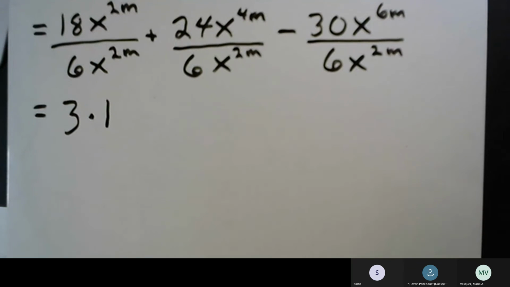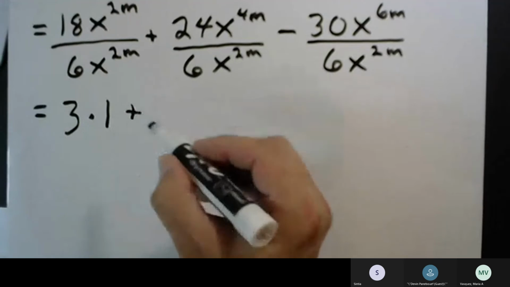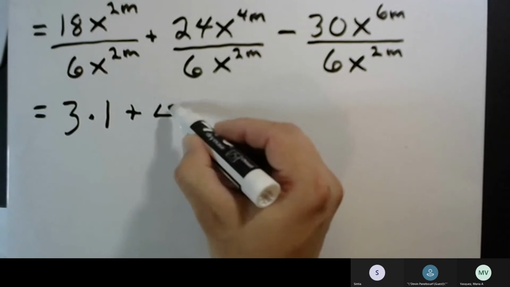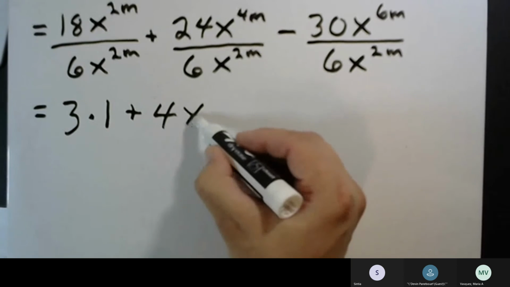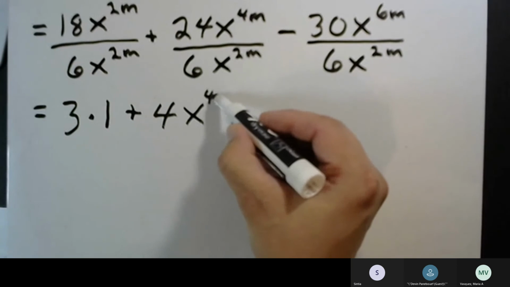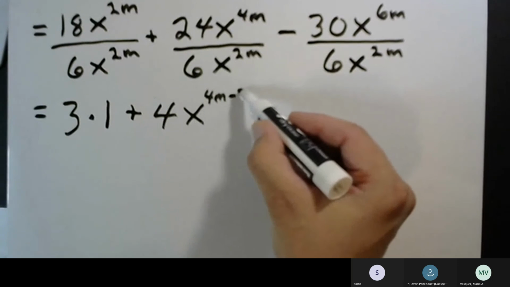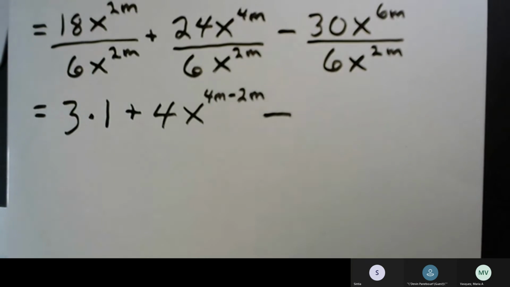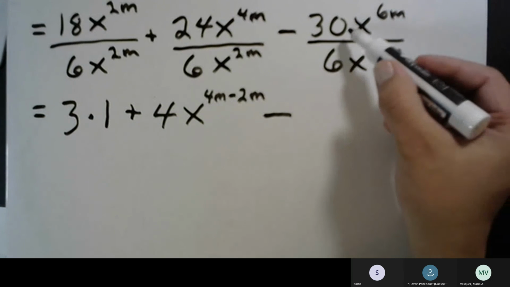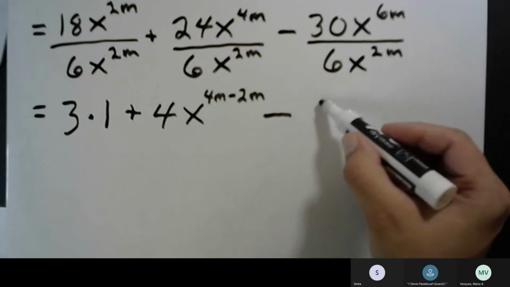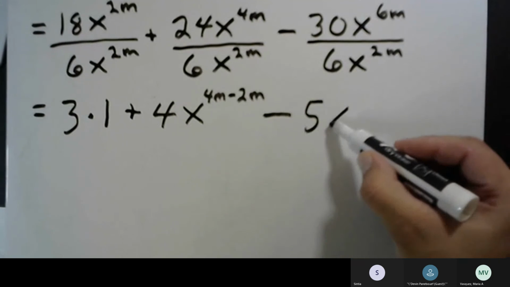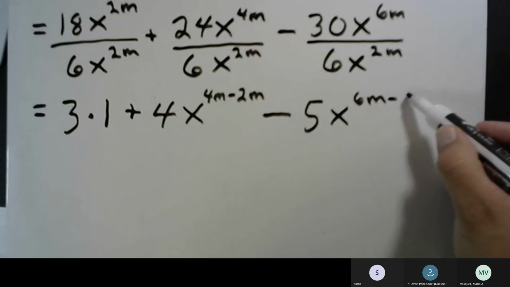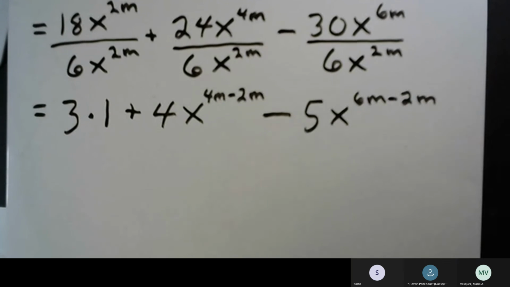That's going to be a times 1. 24 divided by 6, 4. And then we're going to have x to the 4m minus 2m. 30 divided by 6 is 5. We have x to the 6m minus 2m.